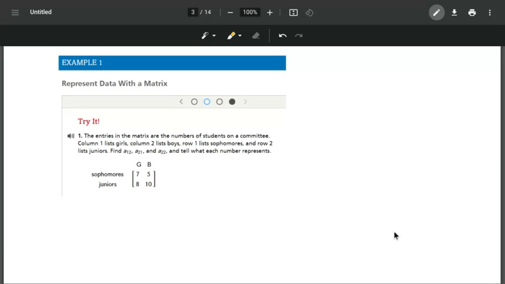So here we have a matrix. Entries in the matrix are numbers of students on a committee. Column 1 lists girls, column 2 lists boys, row 1 lists sophomores, row 2 lists juniors, and we need to find each element A12, A21, and A22 and tell what each number represents.